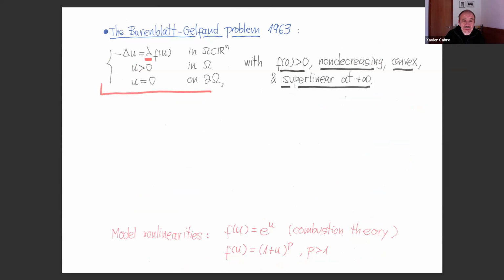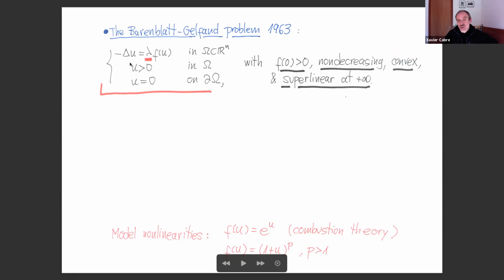Well, in this slide, the main motivation comes from combustion theory and a model which is called the Frank-Kamenetskii model from the 30s, that became known in the mathematical community in the 60s when Barenblatt wrote a chapter for a volume edited by Gelfand, and he spoke about the Frank-Kamenetskii model that in a simple situation reduces to a simple equation to write, which is our semilinear equation with the parameter lambda in front of the nonlinearity.